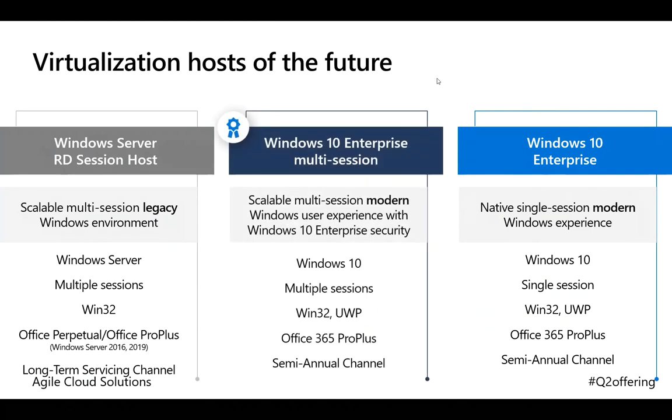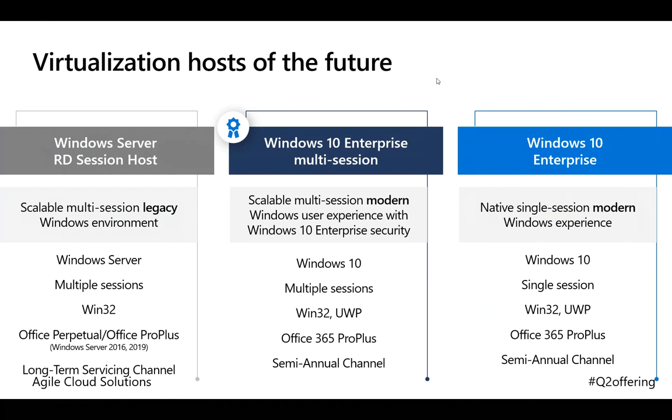And now what you have is Windows 10 multi-session, meaning this multi-session environment is going to be as scalable as your server environment, still giving the users the experience of Windows 10, but not on a single session, on multiple sessions, supporting all the universal apps that need to be installed for the user, supporting Office 365 Professional Plus, and at the same time maintaining the update cycle the way it was previously in Windows 10.